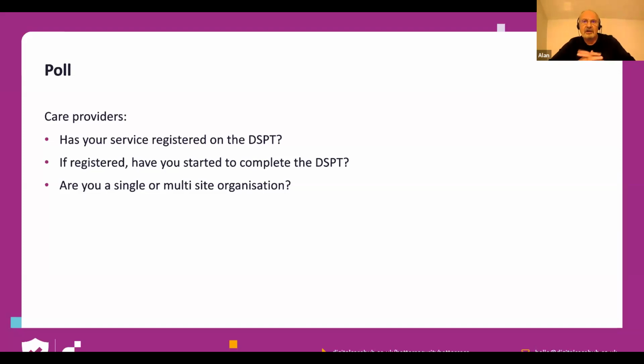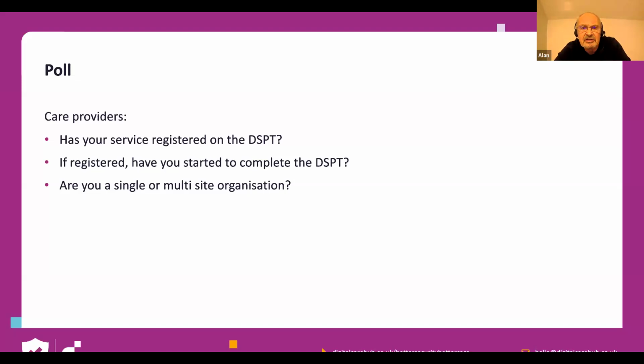So, in terms of who's here this afternoon, is your service already registered on the DSPT? About 63% of you have said yes, 25% of you haven't started on the DSPT, and 13%, so it's about half and half in terms of people who are new to DSPT and people who have seen it before.